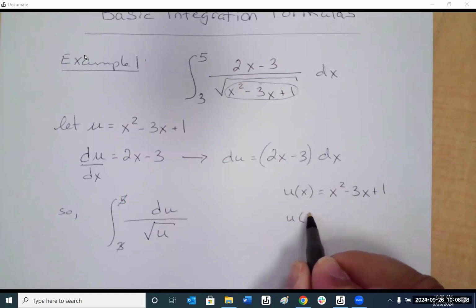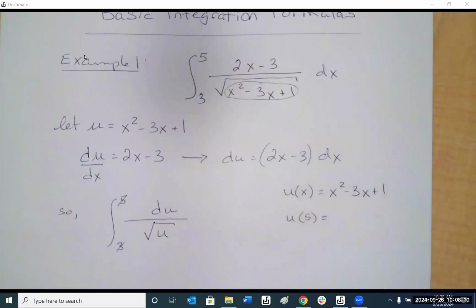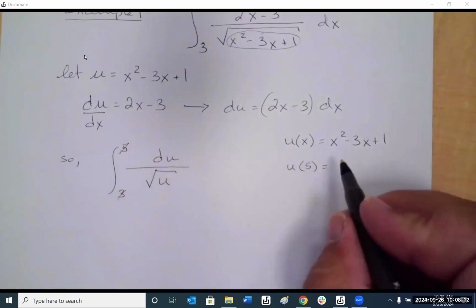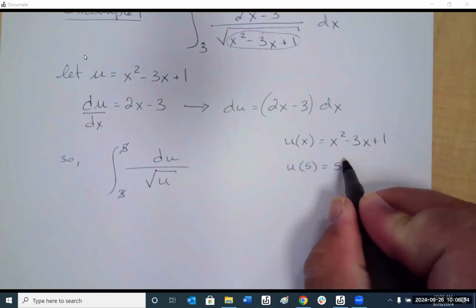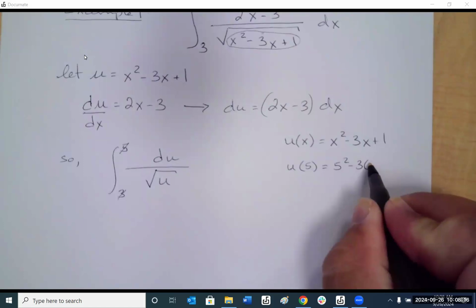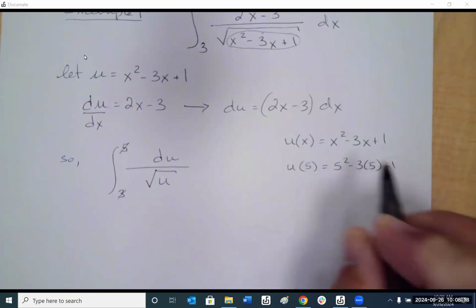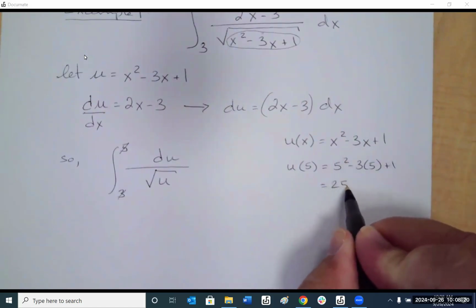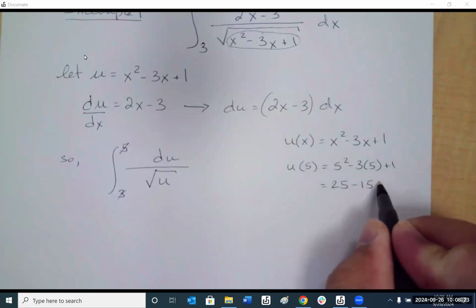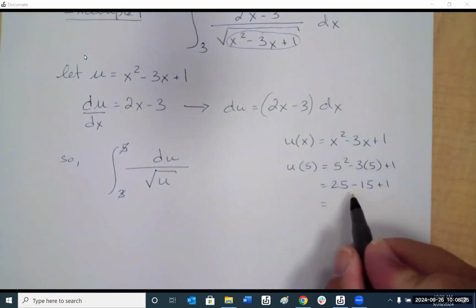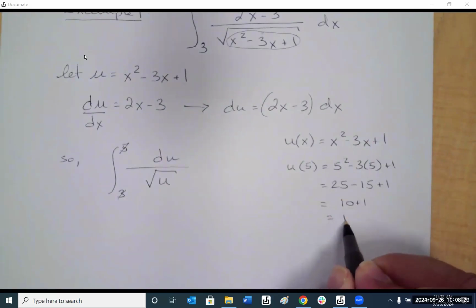So we have to find u of 5 and then u of 3. So 5 squared, minus 3 times 5, plus 1: 25 minus 15 plus 1. That's 10 plus 1 equals 11.